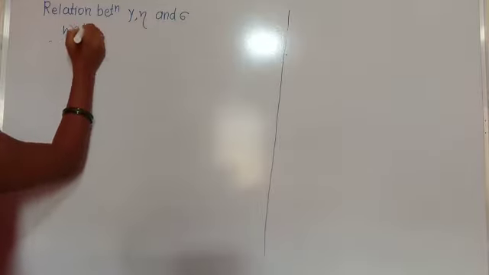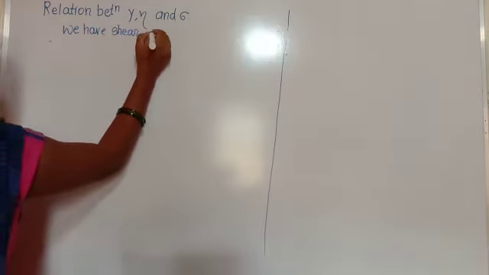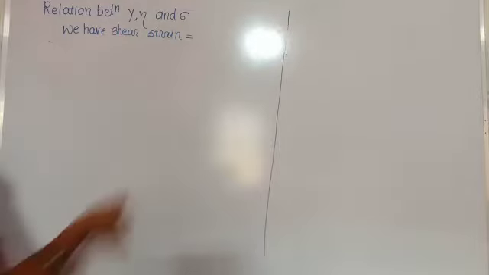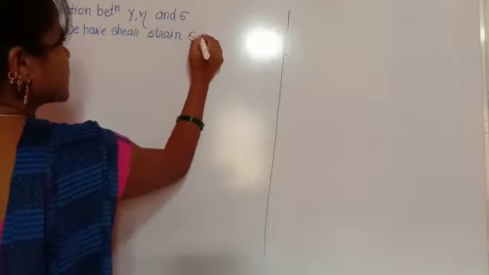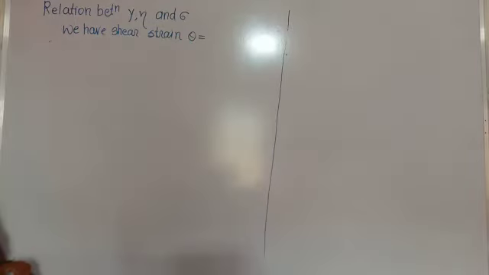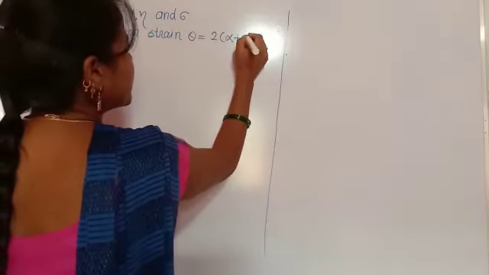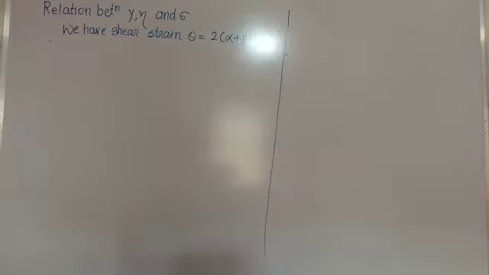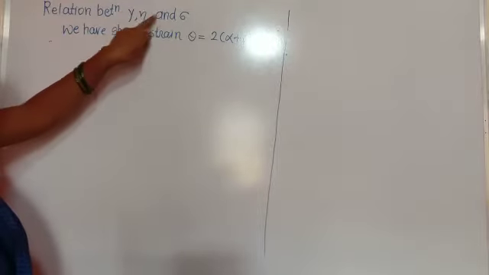The shear strain, as a direct formula, is denoted by the letter theta, and theta is equal to twice alpha plus beta into p. So we have to derive the relation between Y, neta and sigma.